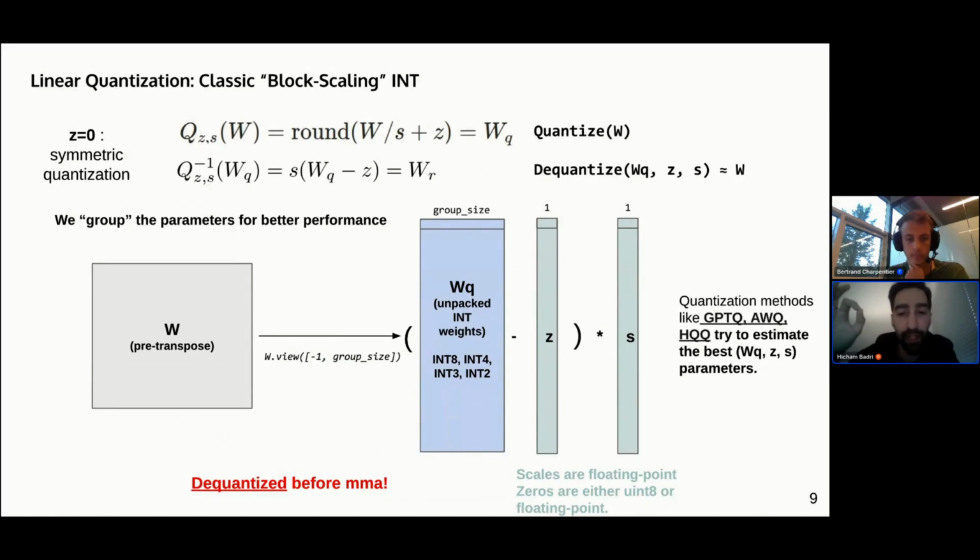The main point to understand is that this kind of quantization is not native quantization when you do matrix multiplication. When we are writing our Triton or CUDA kernel, we are actually dequantizing these weights on the fly, and then doing matrix multiplication in FP16. That's why these methods are great when you're memory bound, when you're serving just a few requests, typically batch size 1.